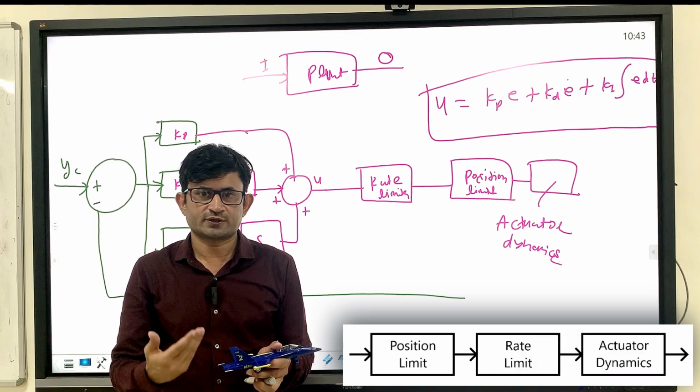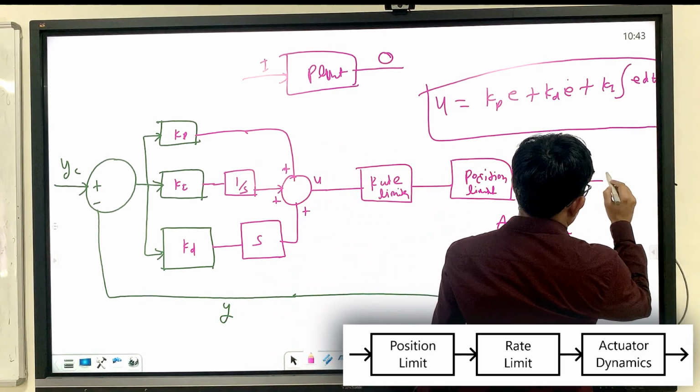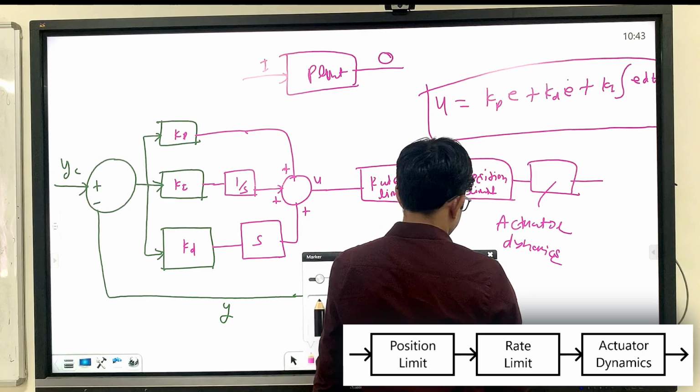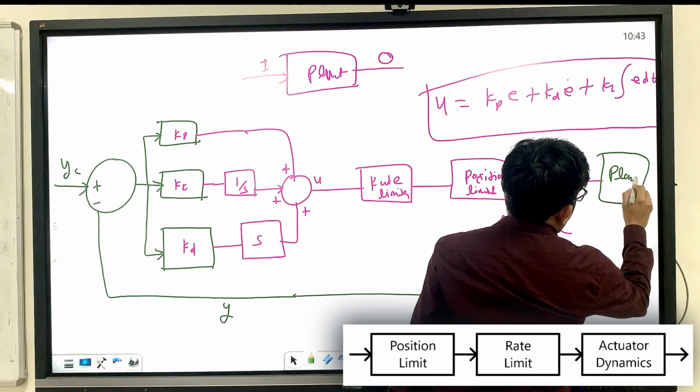That can be modeled using first order or second order, we have already discussed, right? And then finally supply to the plant.